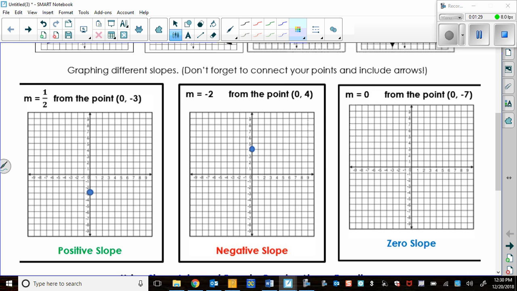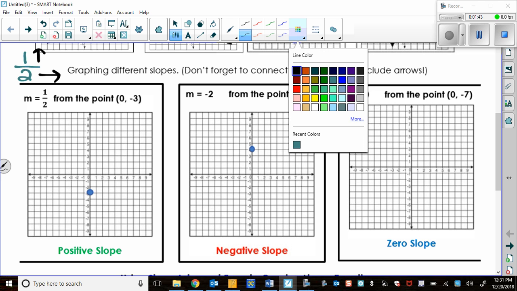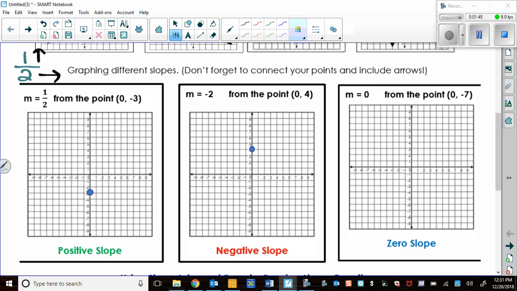The 1 in this case means you're going to be going up 1 unit, and the 2 means you're going to be going to the right 2. So if I were to graph this line, starting at my y-intercept of (0, -3), I'm going to go up 1, and over to the right 2. So my next point is (2, -2).